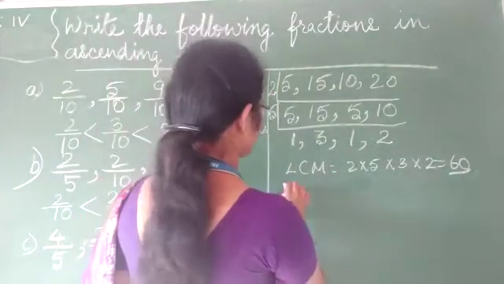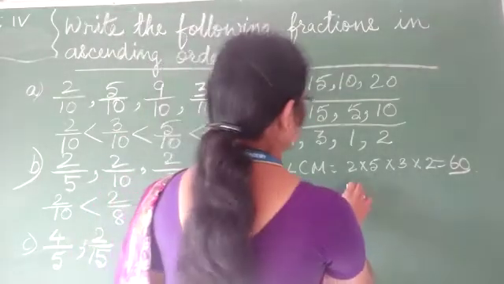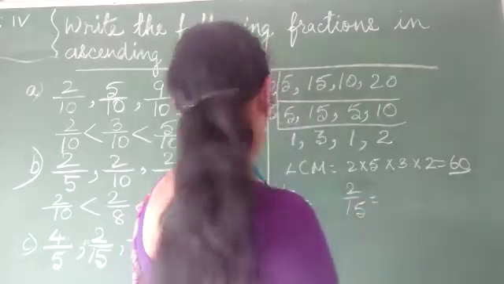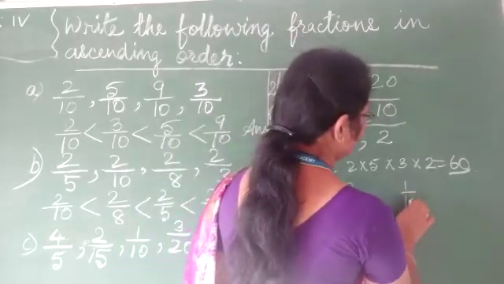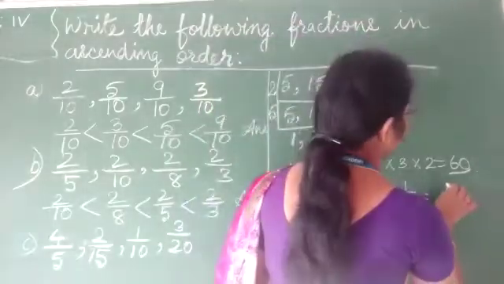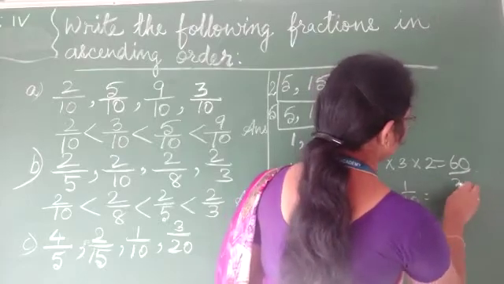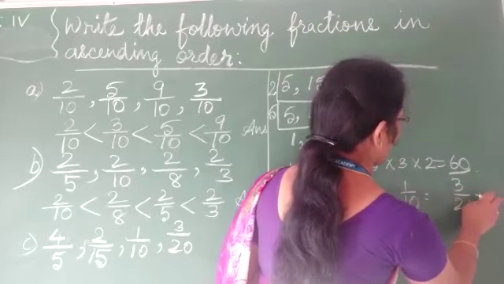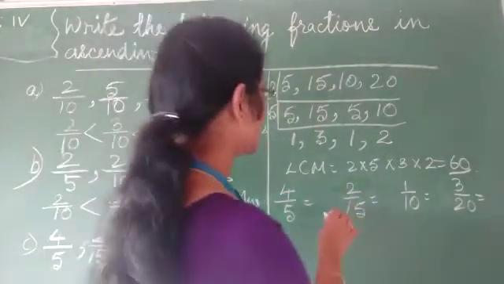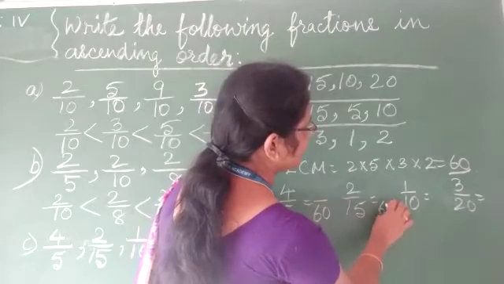Let's do that process. 4 by 5, 2 by 15, 1 by 10 and 3 by 20. Now you are going to make them into fractions with 60 as the denominator.